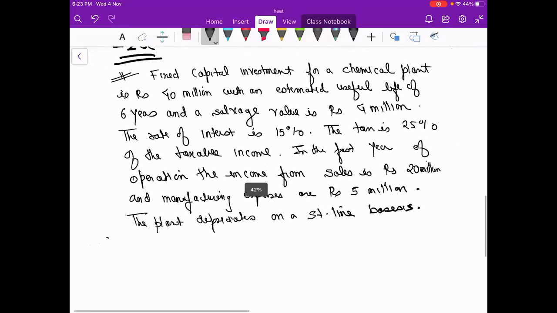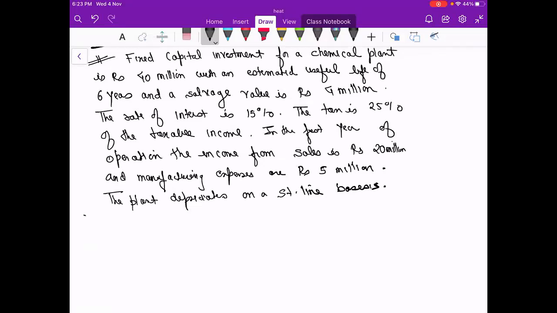First, the rate of return on investment is given by.